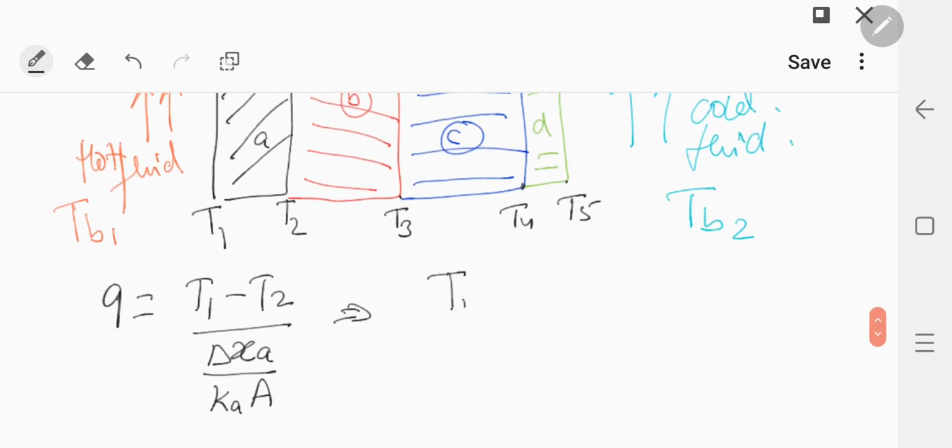So from here we can write T1 minus T2 as delta XA by Ka A into Q.